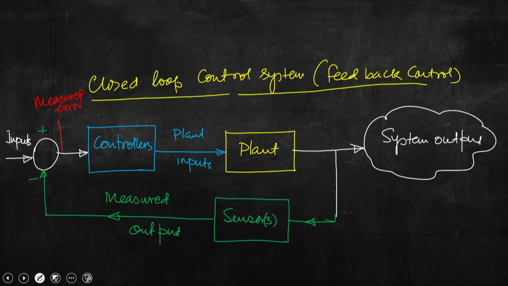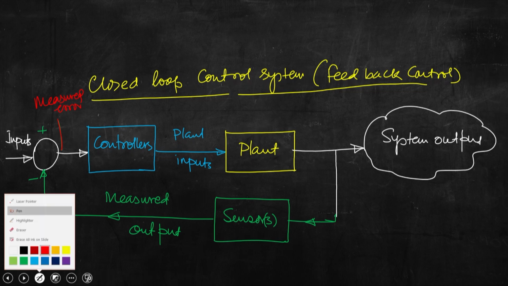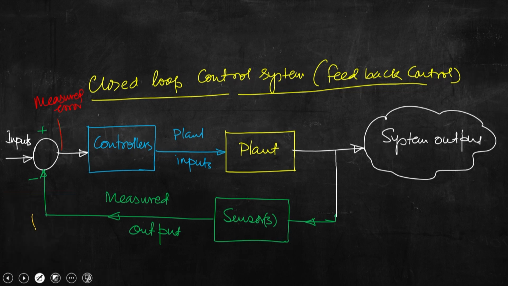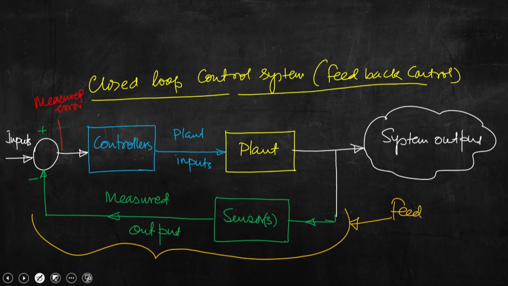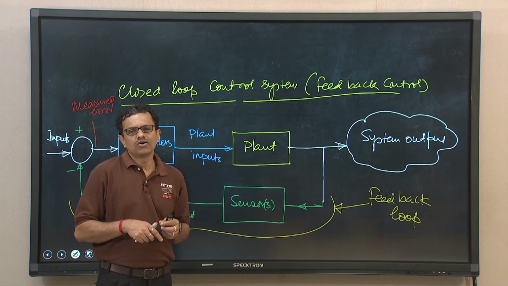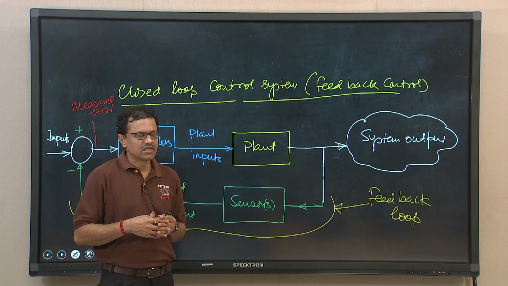What we can see from this block diagram is, except for this particular loop, that is the feedback loop, the block diagram looks like an open type control system.